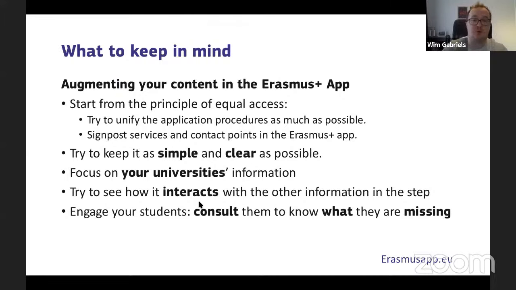So you can always have a conversation with a couple of students to try to understand if the information you're providing and implementing in the app is what they would need. These are things that I would suggest to keep in mind.